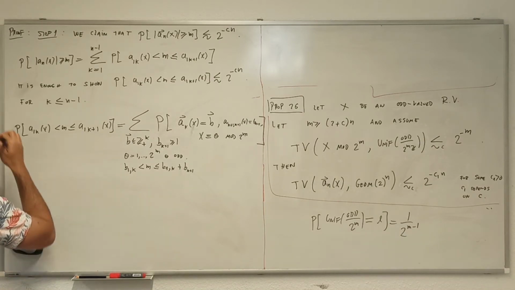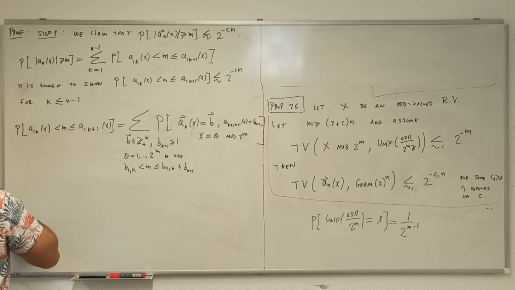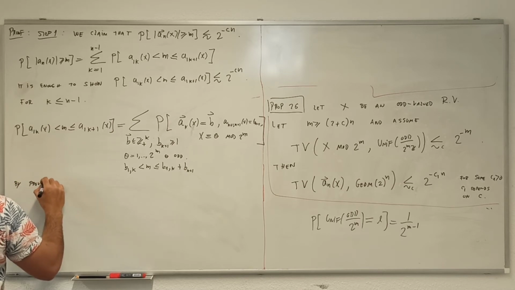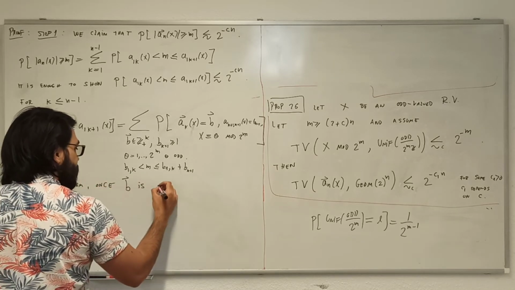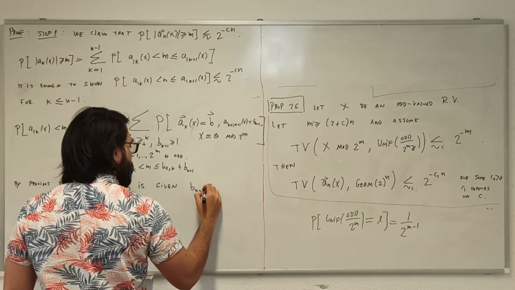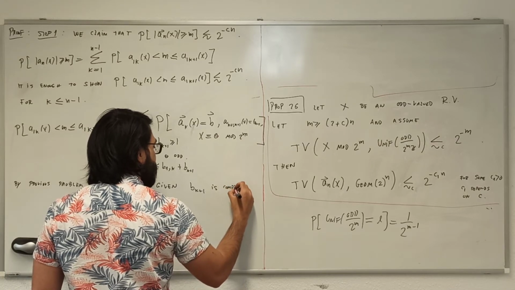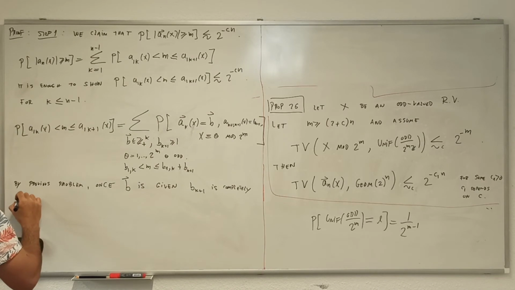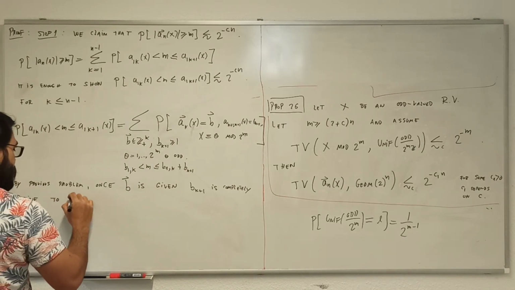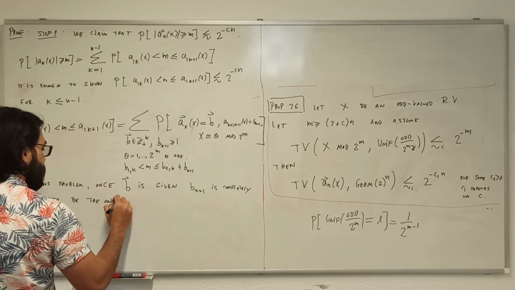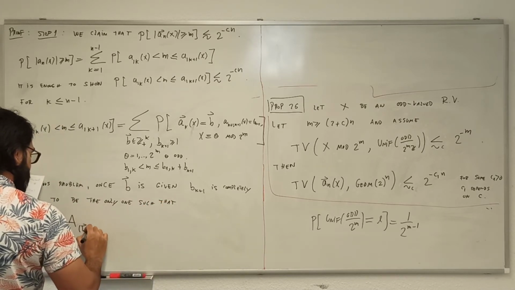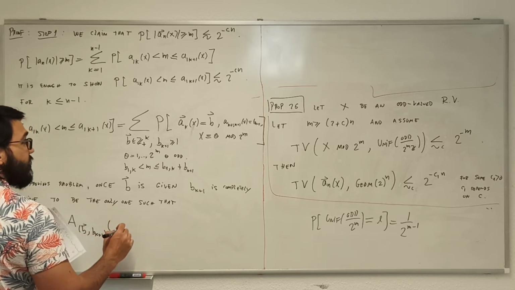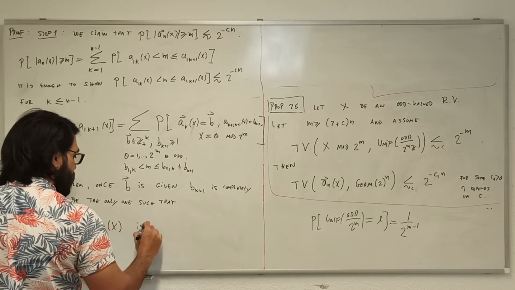So my claim here, so let me write here, by the previous problem, once b is given, b_{k+1} is completely defined to be the only one such that, let's say, x is odd.